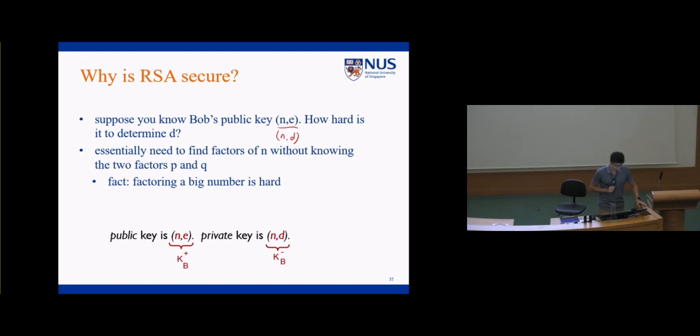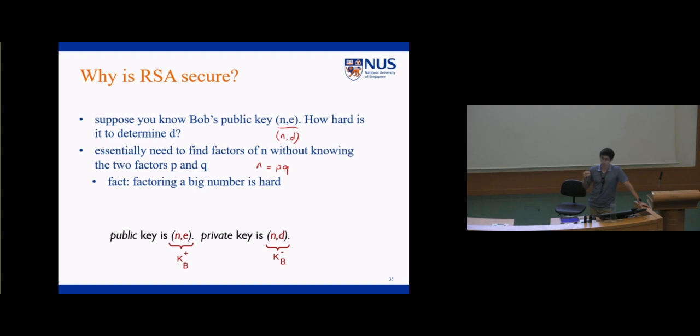So essentially, to find out the D value, one needs to factor that very large number n to its factors p and q. Remember, n was equal to pq, right? And both p and q are two arbitrarily selected prime numbers.